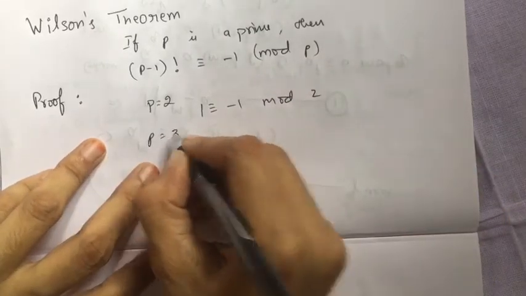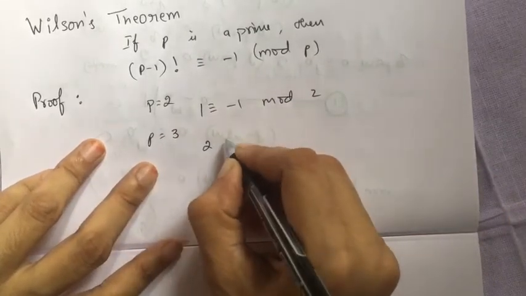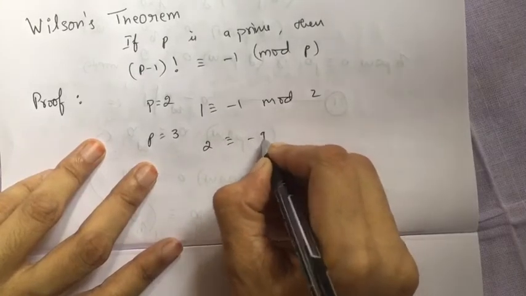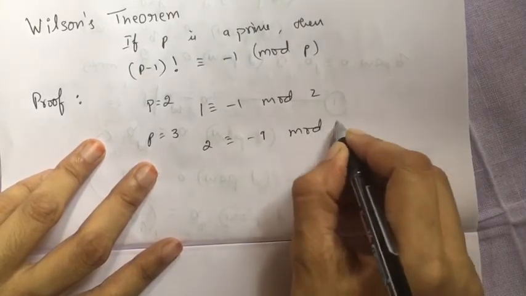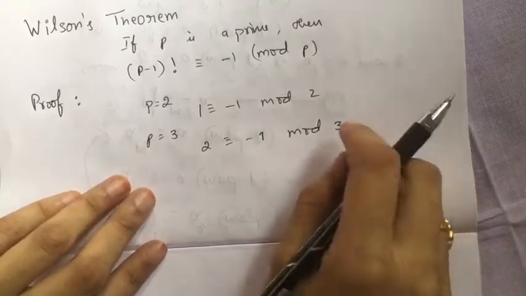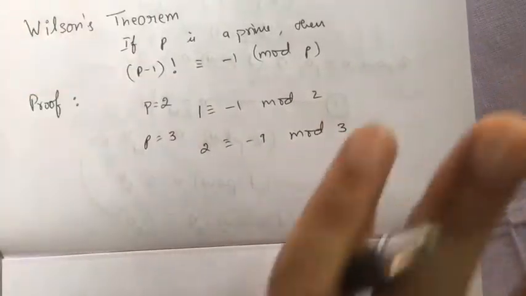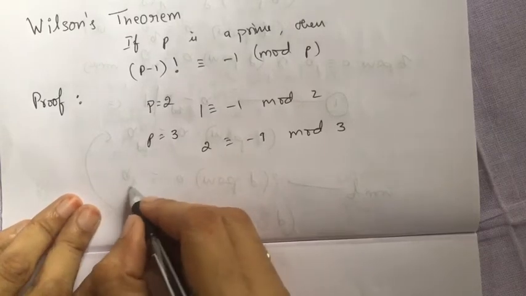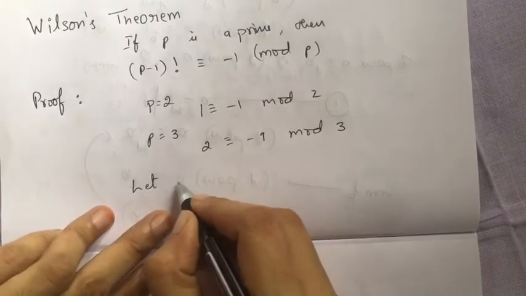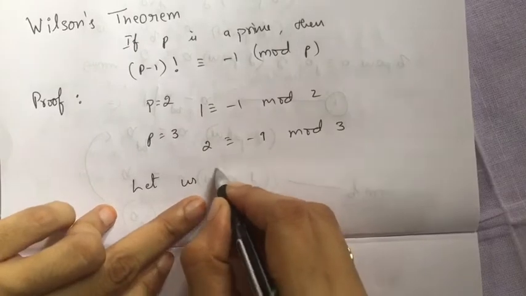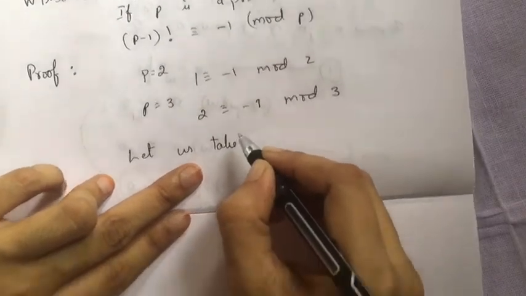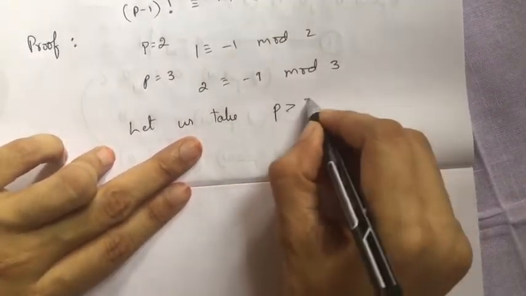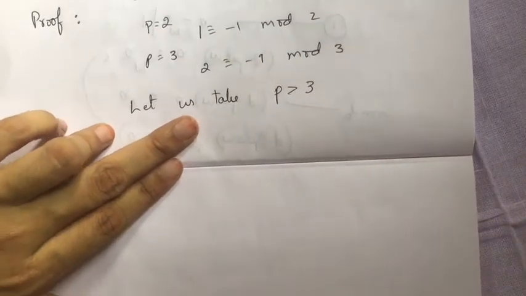If p is 3, then it is 2, which is of course congruent to minus 1 mod 3. So let us dismiss these cases and take those cases where p is greater than 3.